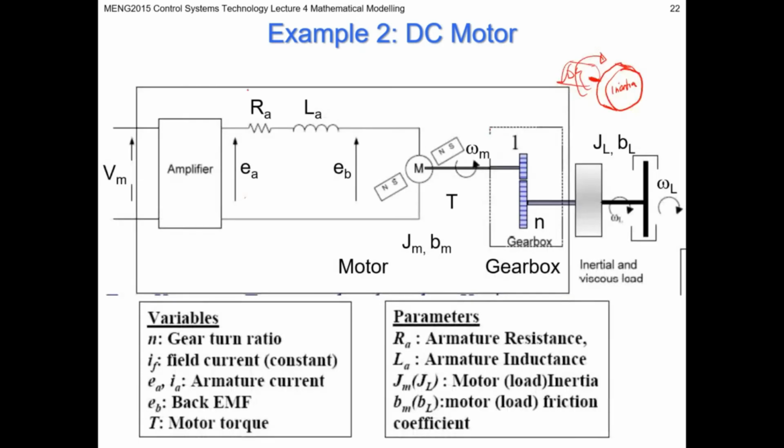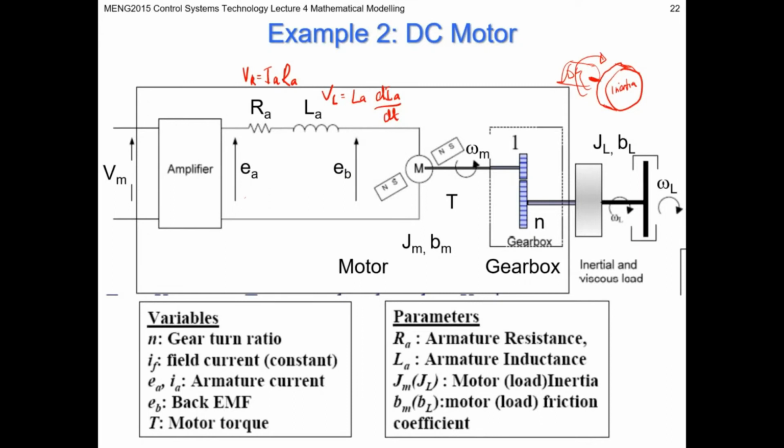The voltage loss VR equals IR, so it's going to be IA times RA. VL, the voltage across our inductor, is going to be our inductance times dIA by dt. Inductance works in such a way that it creates a voltage proportional to the rate of change of current, times the proportionality constant, which is our level of inductance in the inductor.